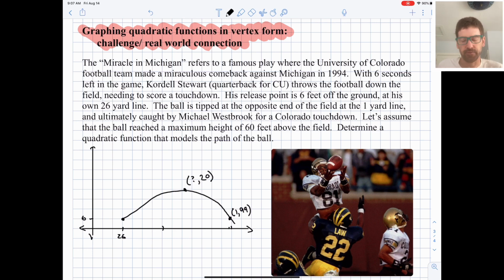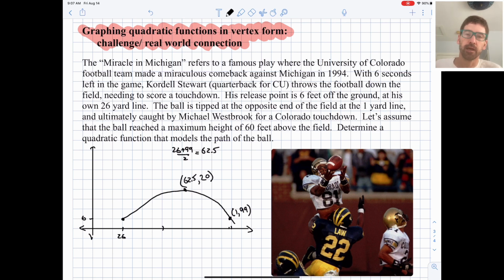So let's find the average of those two values. So 26 plus 99 divided by 2 is 62.5. So that means that the ball had traveled 62.5 yards horizontally.